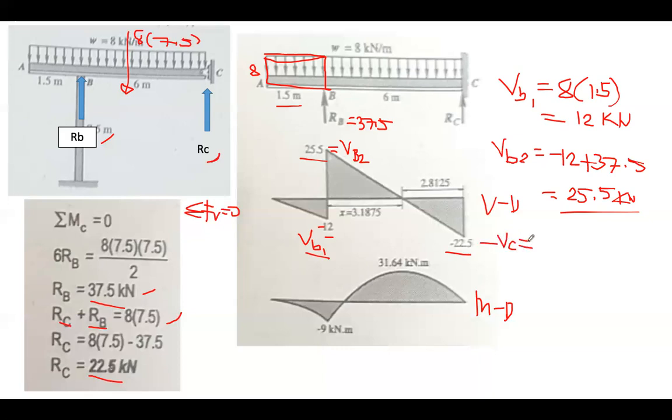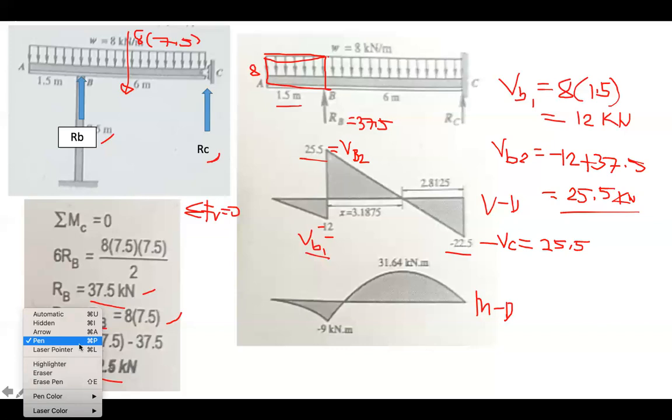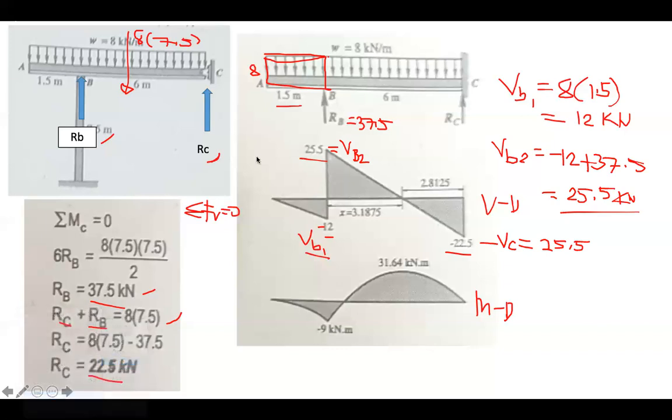So VC is just equal to your VB2, which is positive 25.5, and then you have this area. We have this particular load of this size, 6 meters.